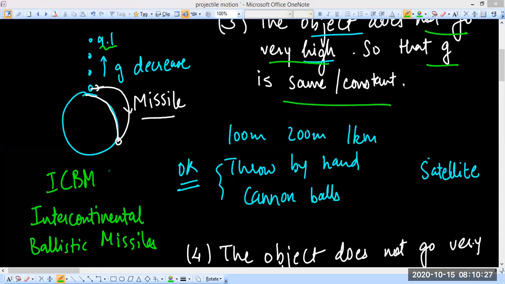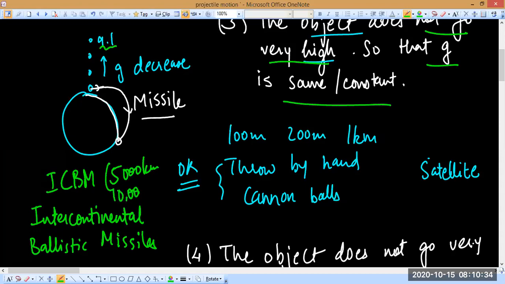They have ranges of about 5,000 or more, and some of the modern intercontinental ballistic missiles have a range of 10,000 kilometers.